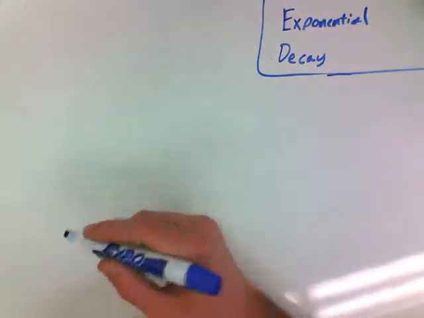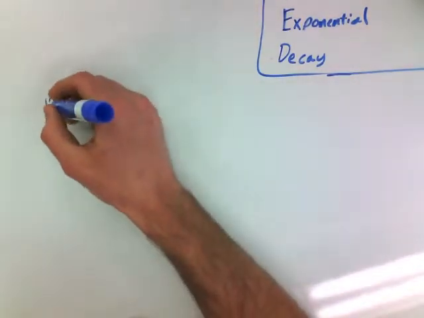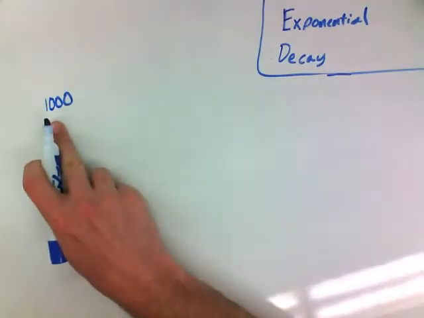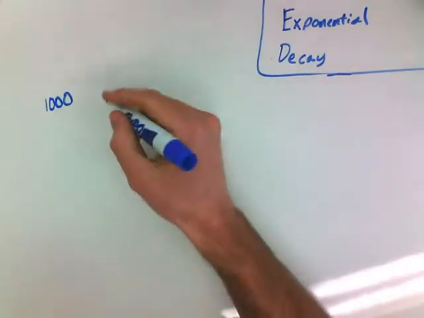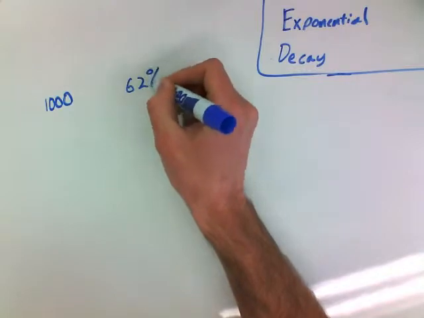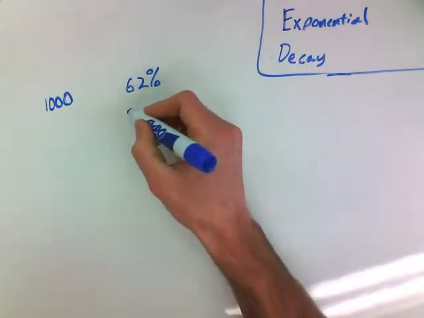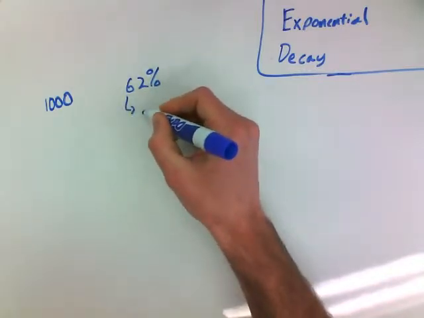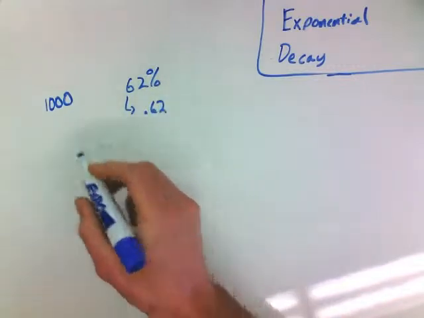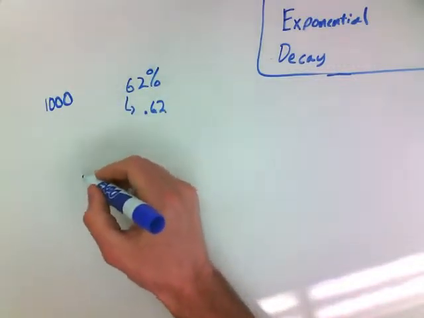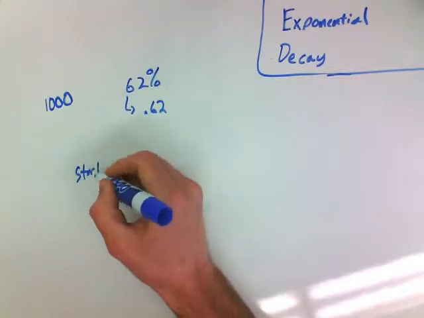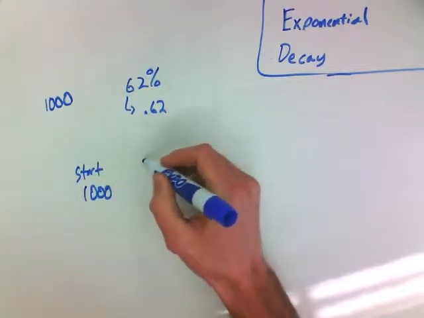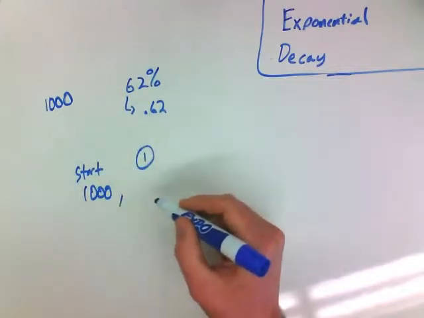So now what do I want to do? Exponential decay. Well, let's take that example. If I start off with a height of 1,000 feet for my first drop, and it returns 62% of its bounce, I need to convert this into a decimal, which is 0.62. So I start at 1,000, and after my first bounce, what's the height?